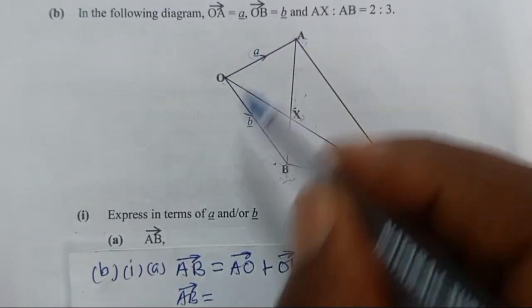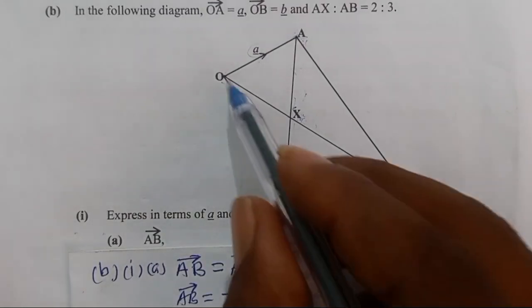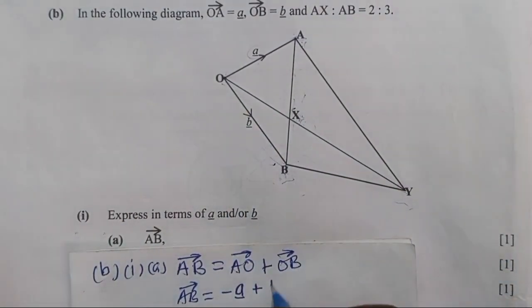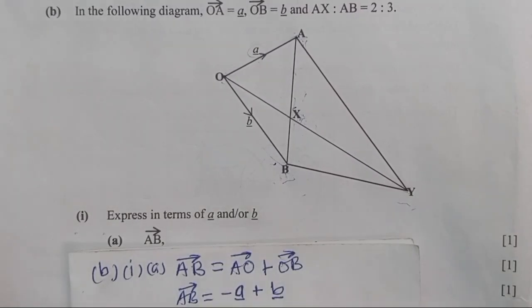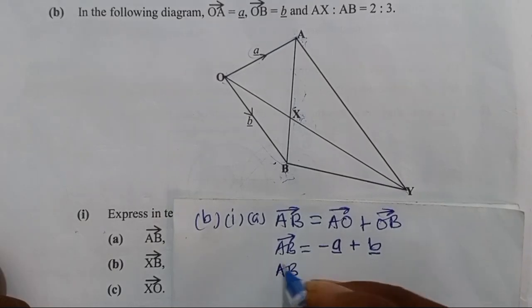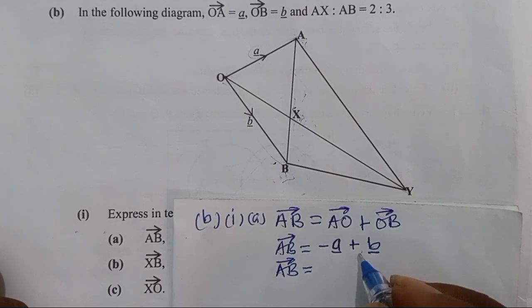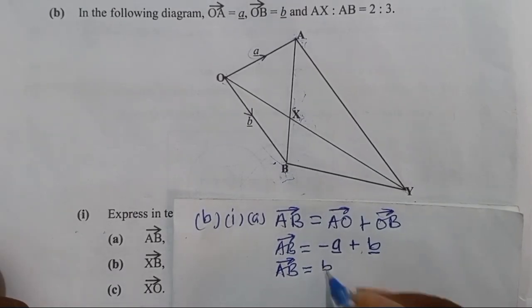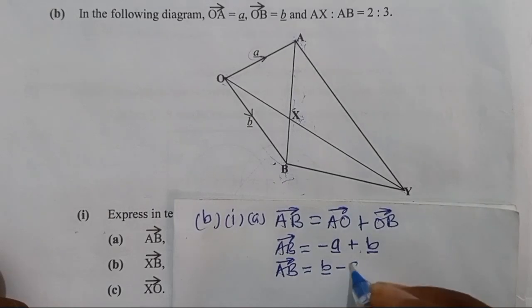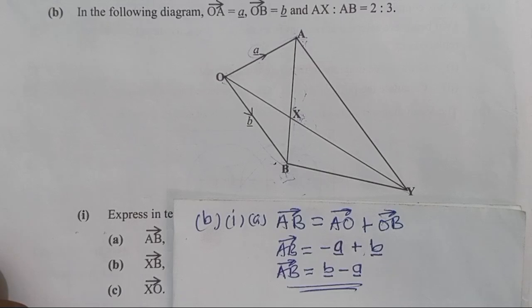So this scalar is going to be negative scalar a, plus vector OB. OB is going to be positive, it is scalar b. So from there, I'll say vector AB is equal to the positive scalar b comes this side, then the negative goes inside. So this is vector AB.